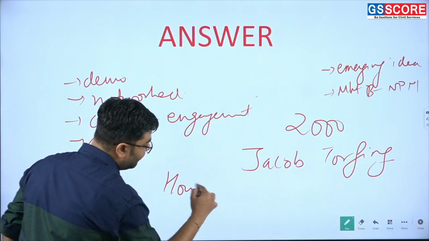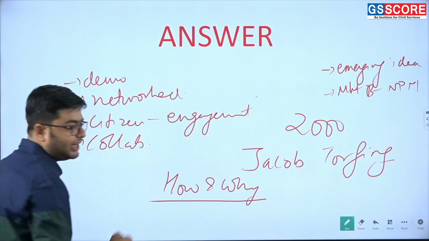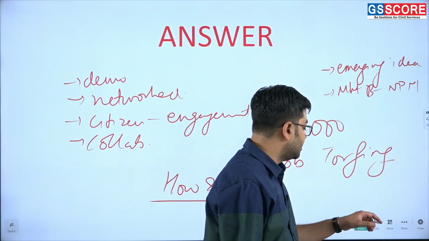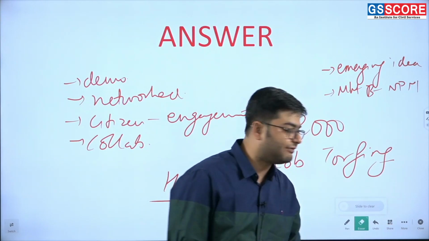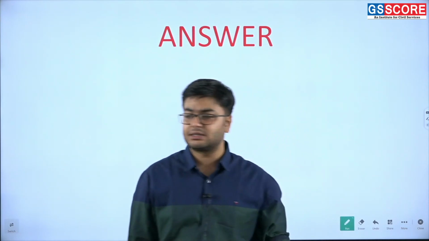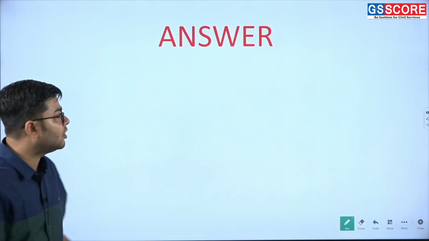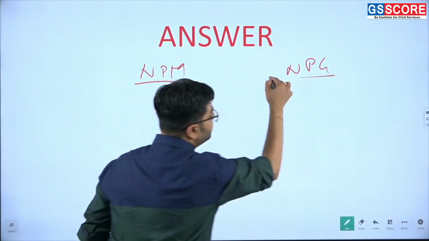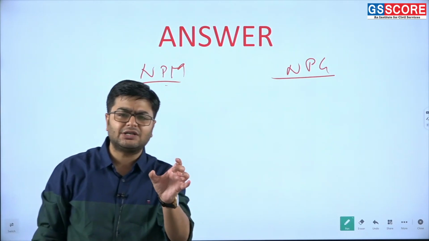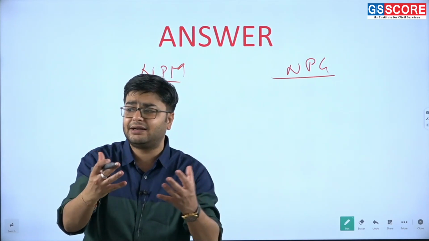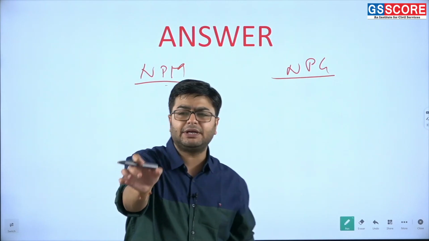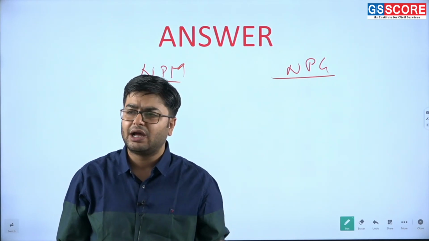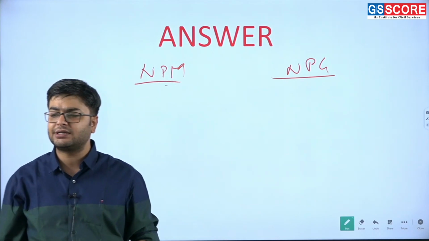Remember, reasoning of how and why is very, very important in this aspect. If you look at NPM and new public governance, the philosophical basis of NPM was only market driven, whereas the philosophical basis of NPG is provided by the governance orientation and the democratic pluralism that exists.